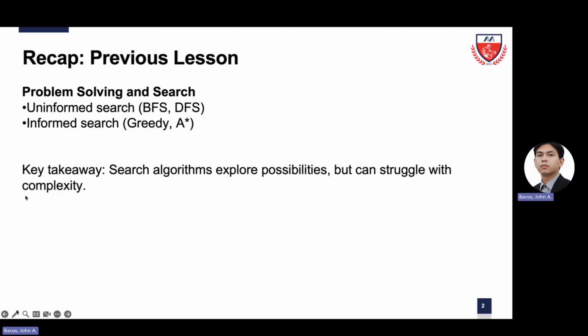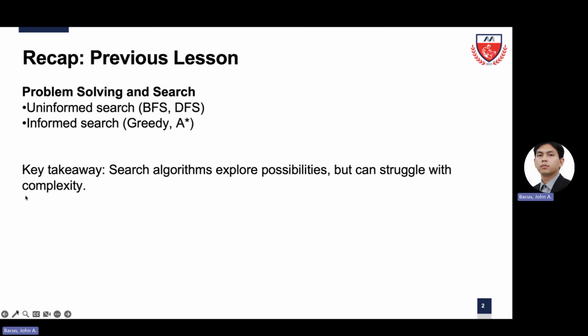In our previous lesson, we talked about problem solving and search algorithms. We have examples of uninformed search, such as BFS and DFS, and of course UCS, the uniform cost search. We also have the informed search: greedy and A-star algorithm.